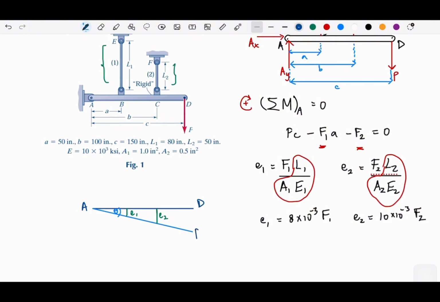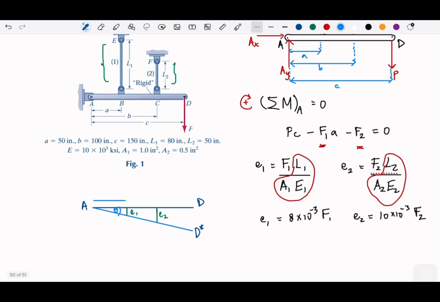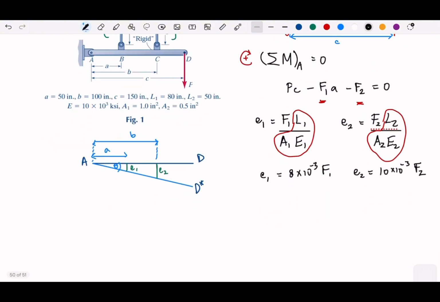This is the new D, and this will be the A. This is B. So we could get the ratio for the triangle here, that B over E2 is equal to A over E1, or E2 will be E1 B over A.